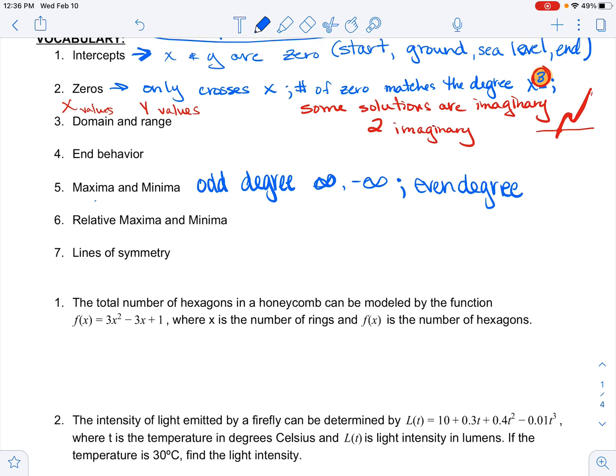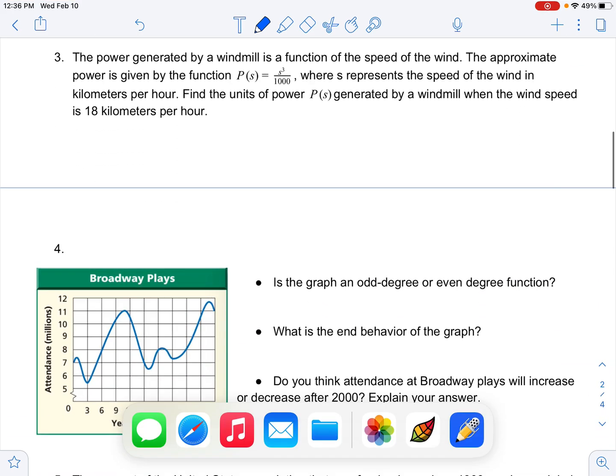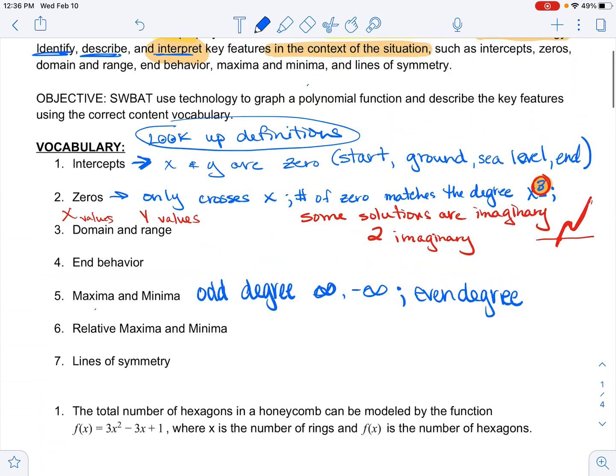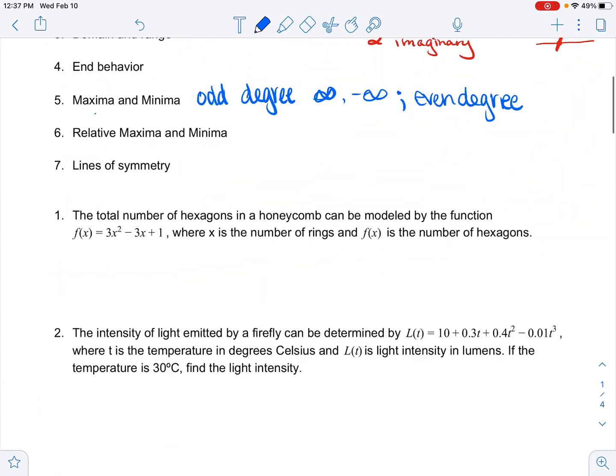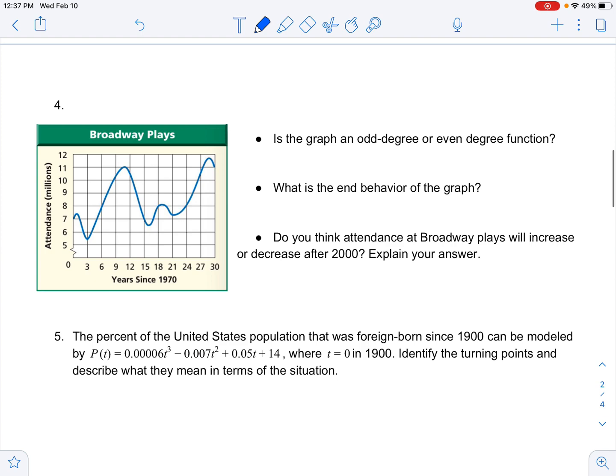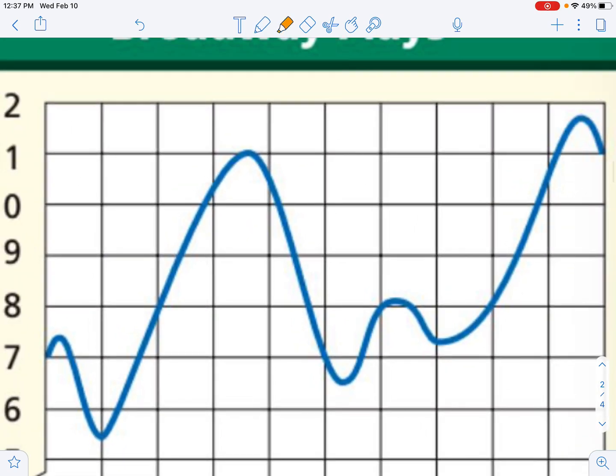Relative maxima and relative minima. That is going to describe where a turn happens. So relative means in this space, so in between, say, these two lines, is there a maximum amount?